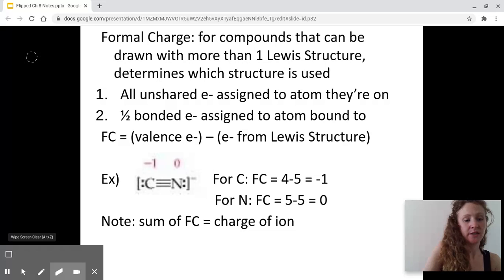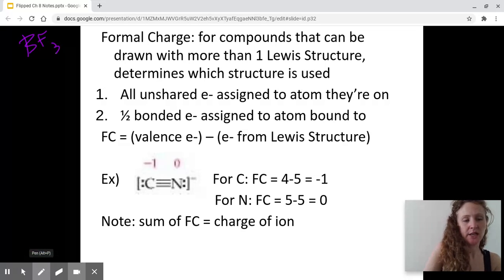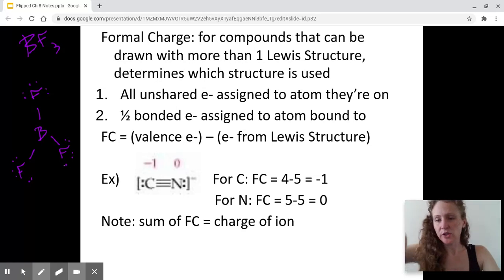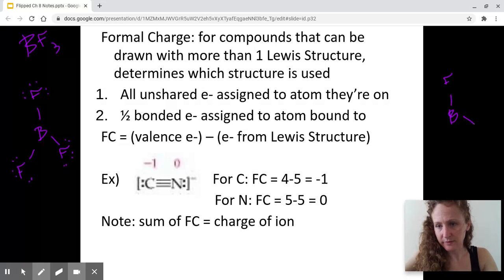Let's look at boron trifluoride again. We drew this one already, and it can be drawn in 2 different ways. It can be drawn where boron has less than an octet. It can also be drawn where boron has a full octet.